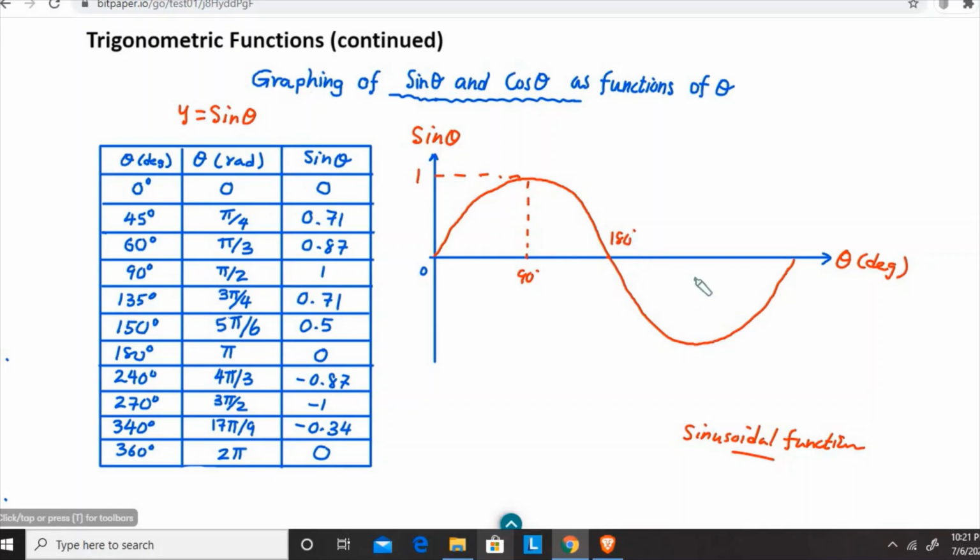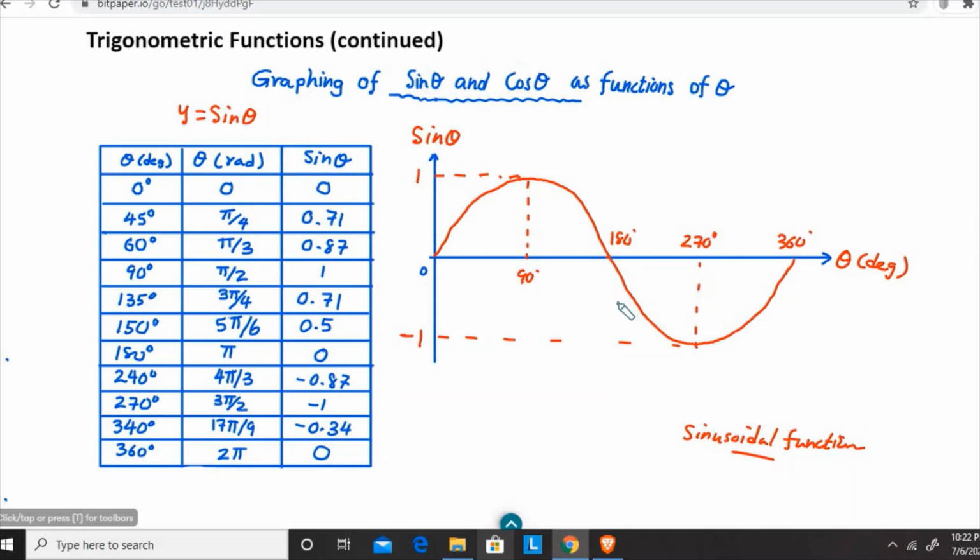And then this maximum value, however, that's in the negative direction, corresponds to -1, and the angle at that moment is 270 degrees. And then over here you have 360 degrees. So this is what we call a sine wave, a sine function.